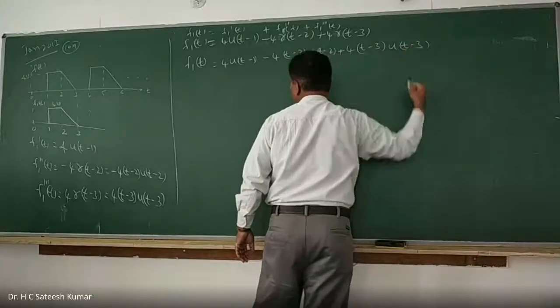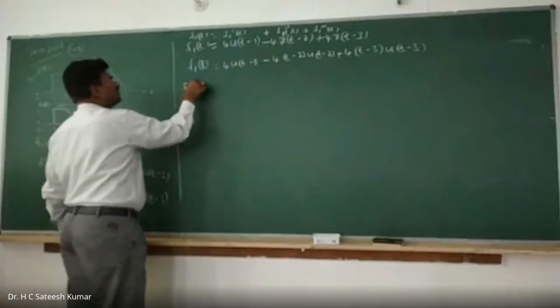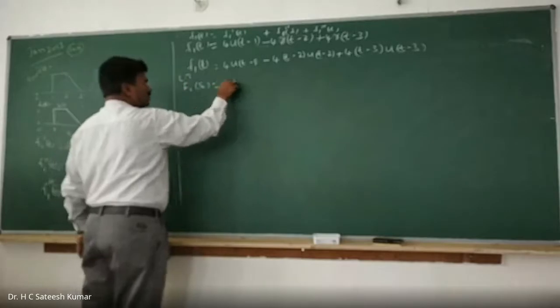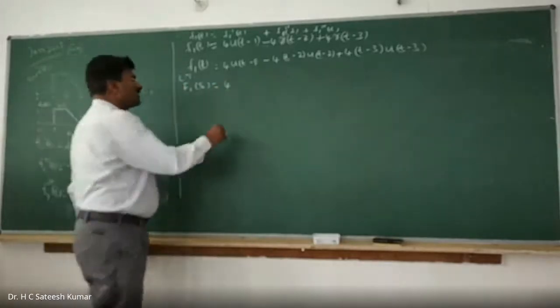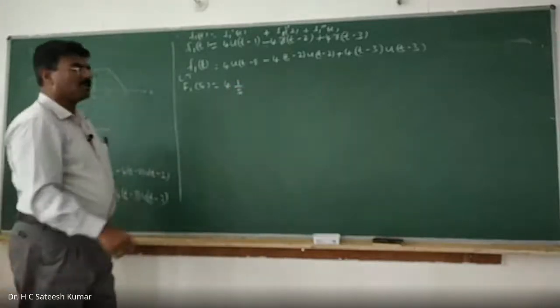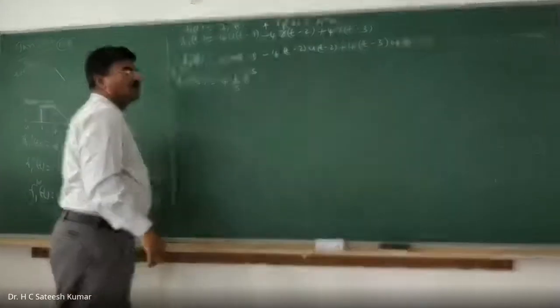Now you take the Laplace transformation of it. So f1 of s is equal to 4 into u of t, the step, which is 1 by s, shifted by an amount equal to 1 unit, which means e to the power of minus s.